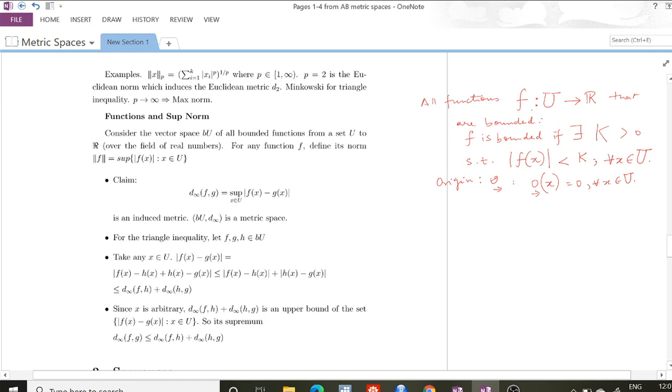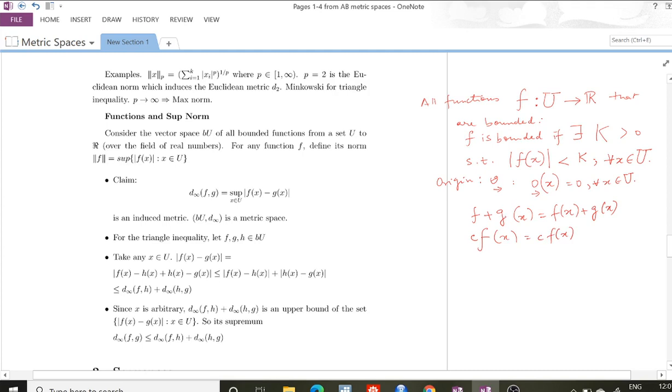And you define vector addition of two functions in the usual way: f plus g of x is defined to be f of x plus g of x, and you define scalar multiplication to say that cf of x is equal to c times f of x. You can show that you've defined a vector space.